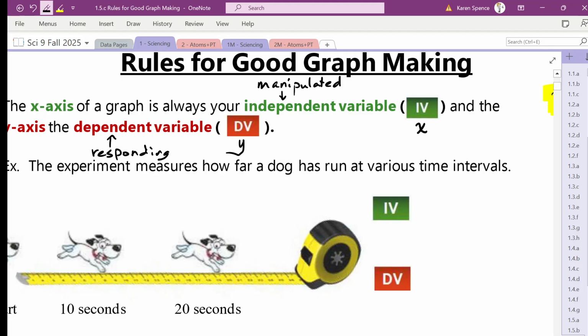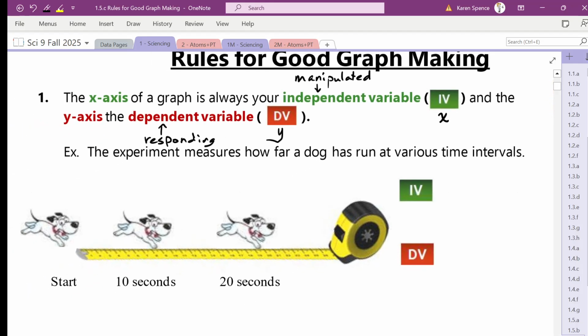This particular experiment was actually one that my dad did when I was a teenager, and he was teaching at a different high school. We had a beagle, and he would bring the beagle into school, and they would attach this ticker tape to him, and they would hold a treat at the other end of the classroom, and the beagle would run, and they'd see how fast he could go in a certain amount of time.